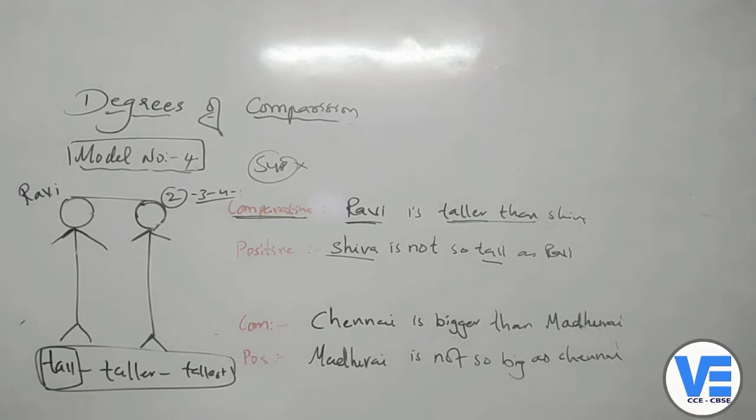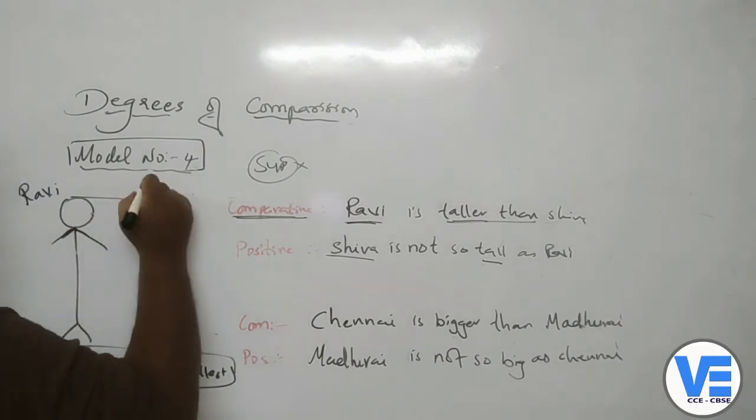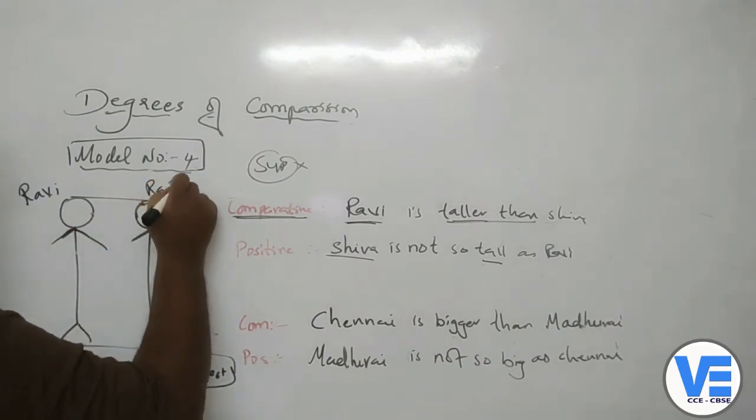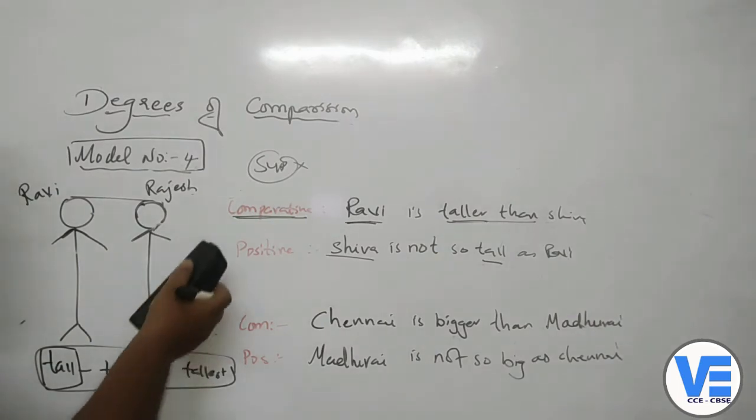So nobody is taller here. Both are of equal heights. So if they are equal heights, then how will you compare? Now Shiva is of the same height, and I'll take here Rajesh. Rajesh is of the same height. So then how do you write the comparative and positive?